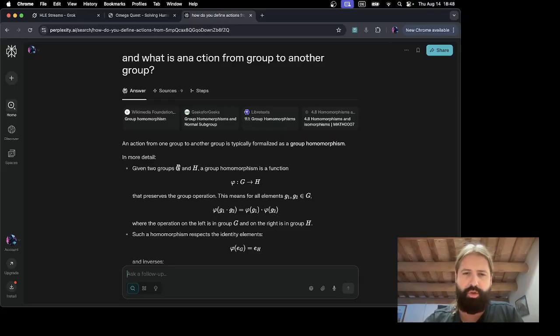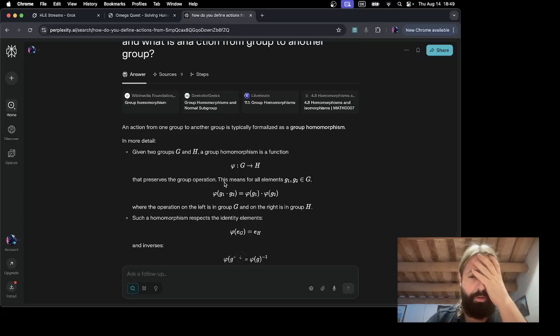So given two groups G and H, a group homomorphism is a function that goes from G to H. Okay, so you give G as an input and it gives you H as an output. That preserves the group operation. This means for all elements of G, the function of g1 times g2, this being the operation, is the same as that function times that function. Where the operation of the left group is such a homomorphism respects the identity elements as well.